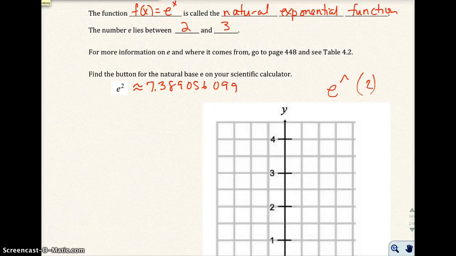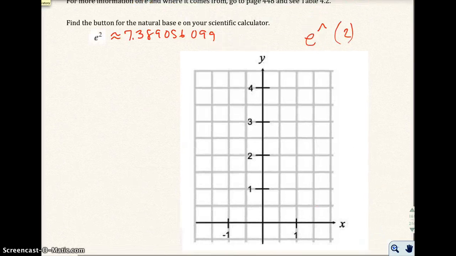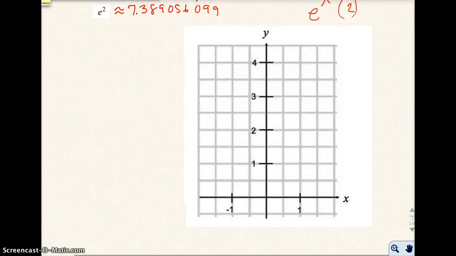Okay. So let's go back to y equals 2 to the x and y equals 3 to the x. We did that before, and let's do it and compare e to the x. So I'm going to graph right now y equals 2 to the x. So 0, 1, I put 0 in here, I get 1 back out. Put 1 here, I get 2. So 1, 2.